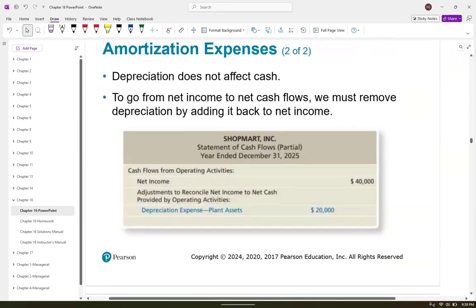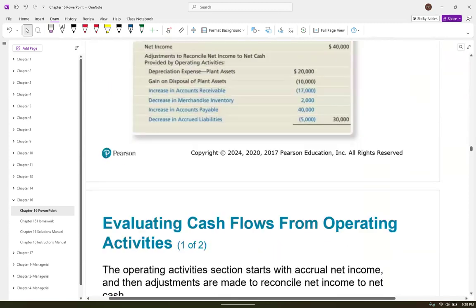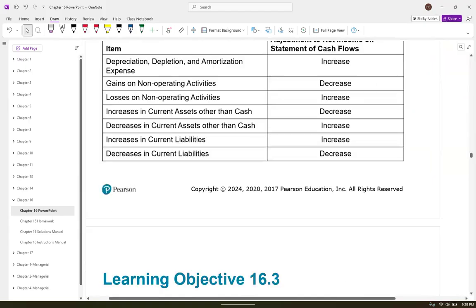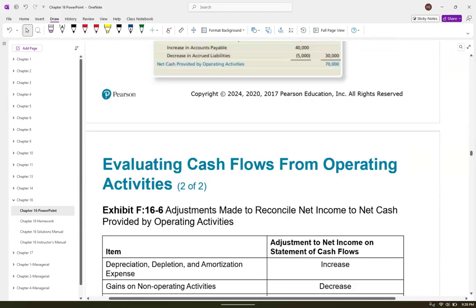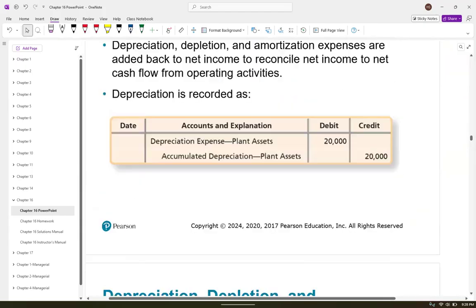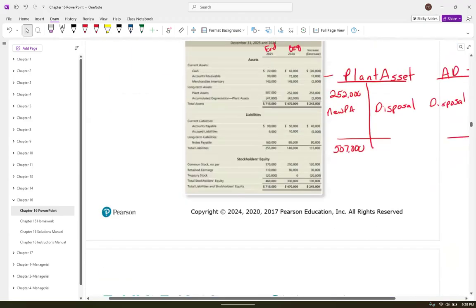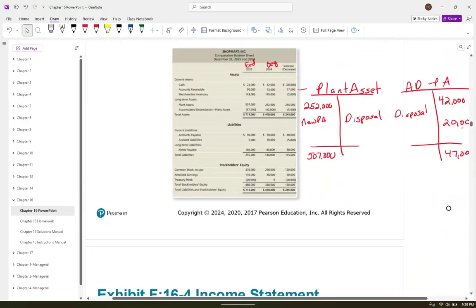There's the depreciation. They're going through it step by step, but I'm attacking it a little bit differently. And they did not tell us. They didn't give us any detail on that.